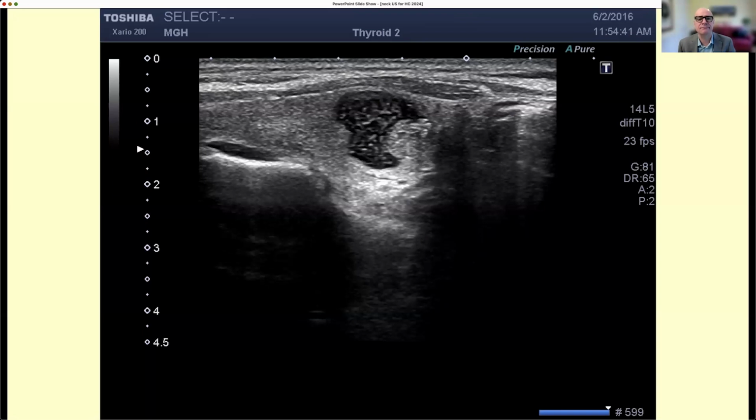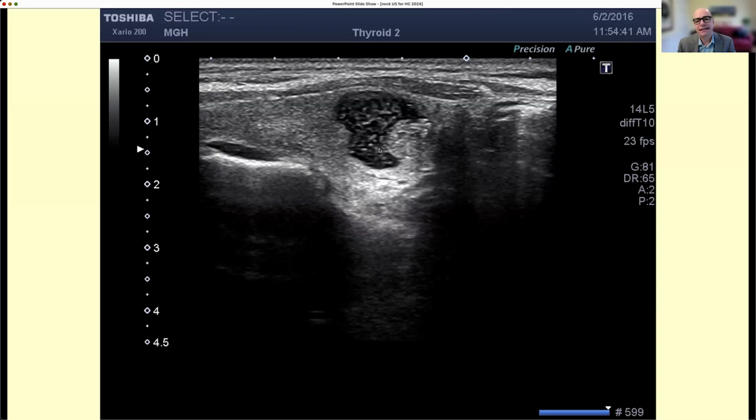Any takers on this one? So let's start from the texture. What does the texture look like to you? Is it isoechoic, hyperechoic, hypoechoic? It's hypoechoic. Excellent. How about the margins? Are they irregular margins? Irregular margins. Are there calcifications?